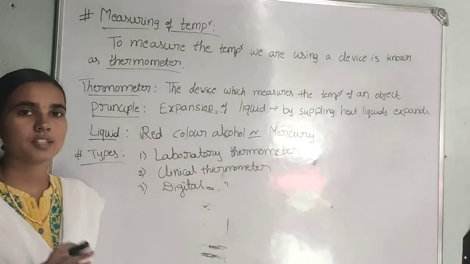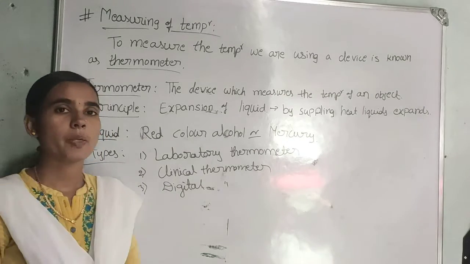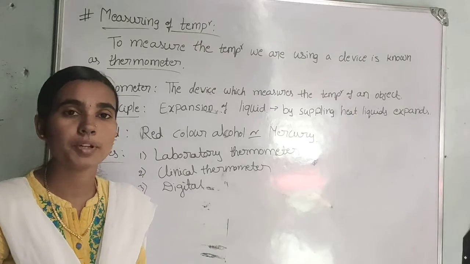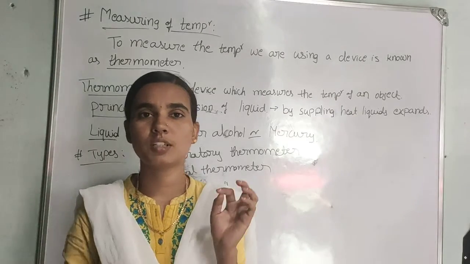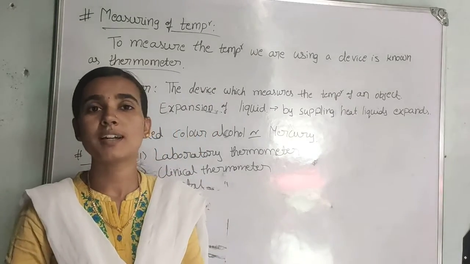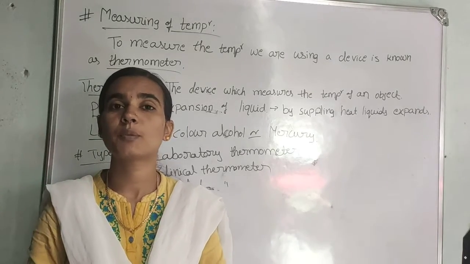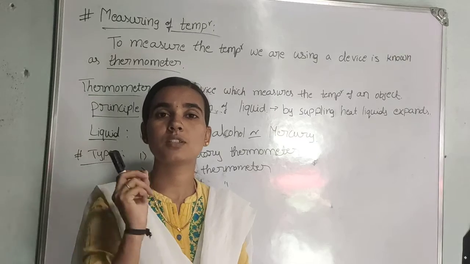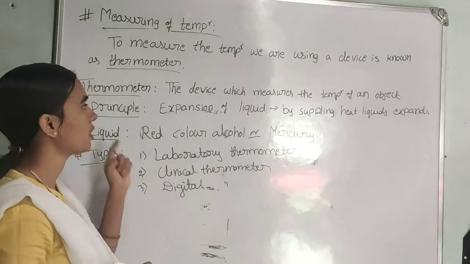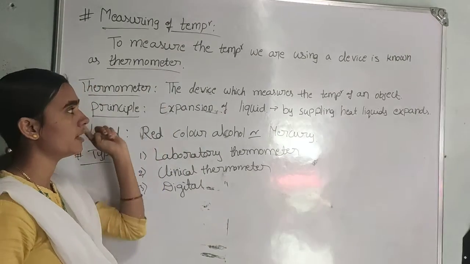So once again I will recall these things. By seeing or touching the object we can't say the particular temperature of an object. To measure the particular temperature of the object we are using a device. That device or instrument we are calling a thermometer.